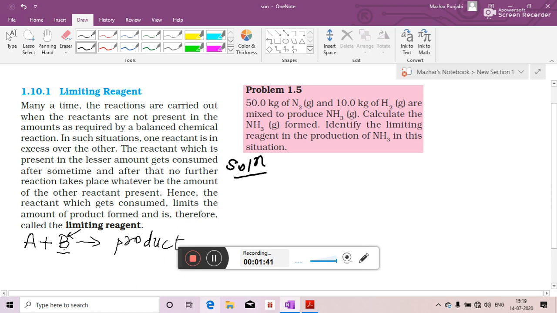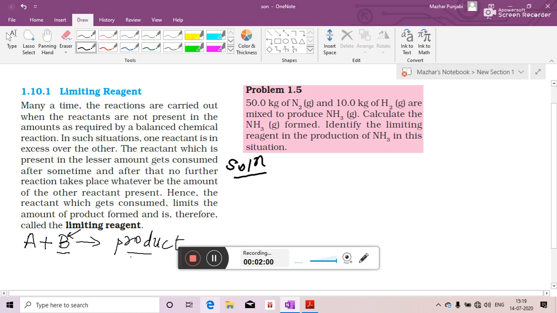And due to the less amount of B, the product formed will be less. So limiting reagent limits the formation of a product.